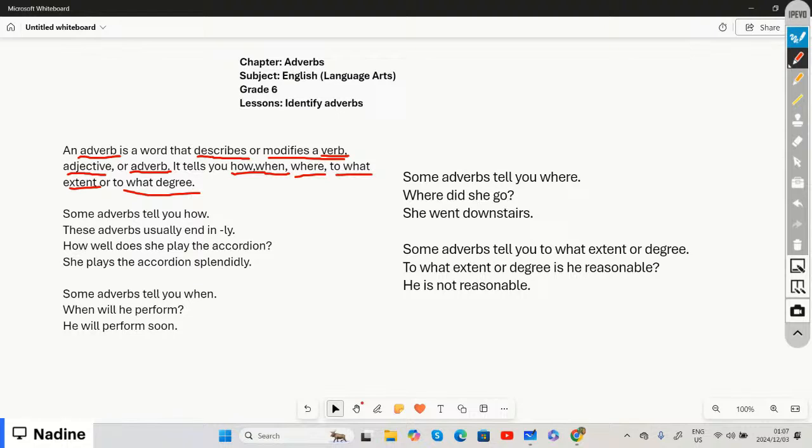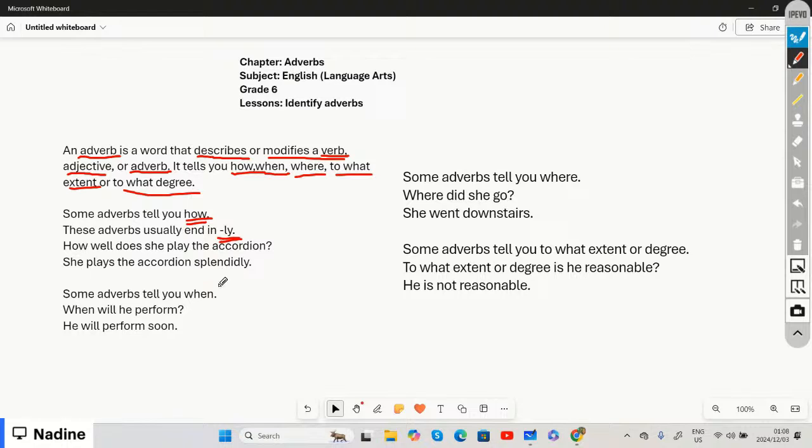All right. So when it comes to some of our adverbs, it tells us how. So some of the adverbs, it tells us how. These adverbs, it usually ends in ly. So it's like how something is being done.